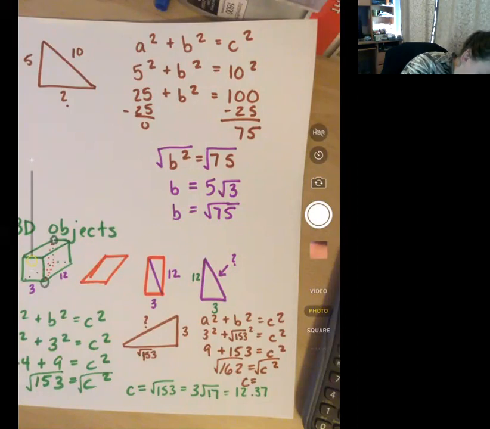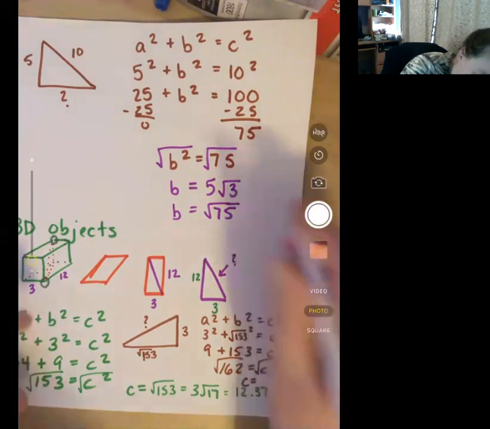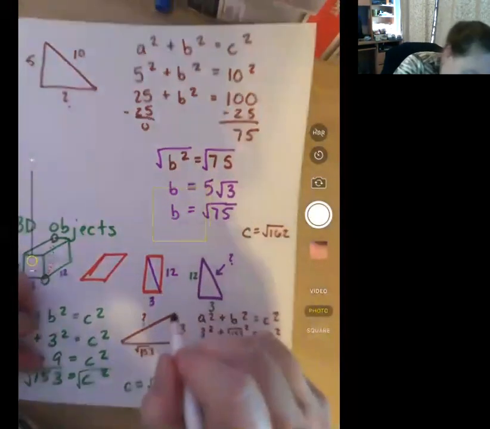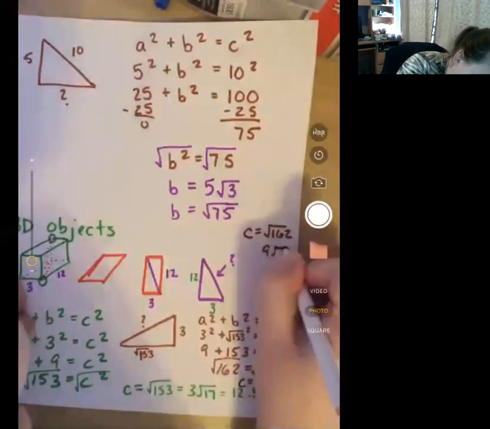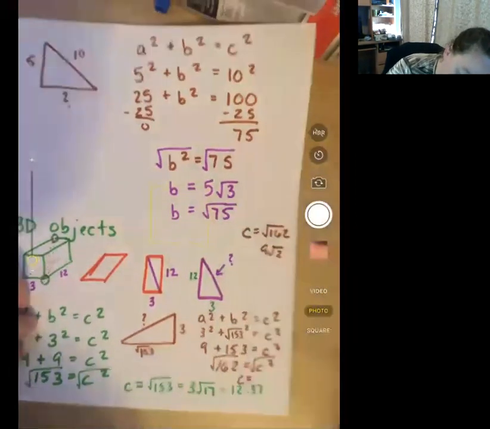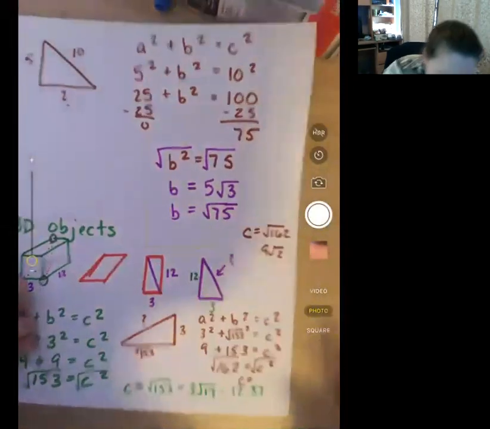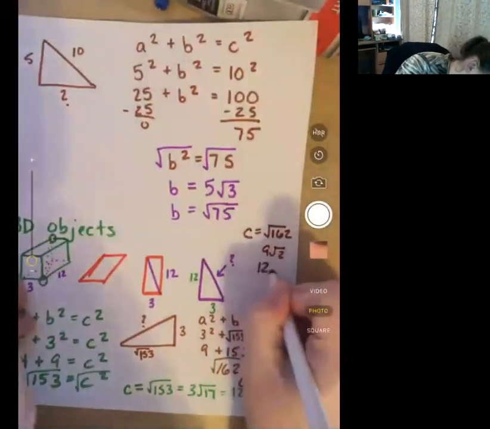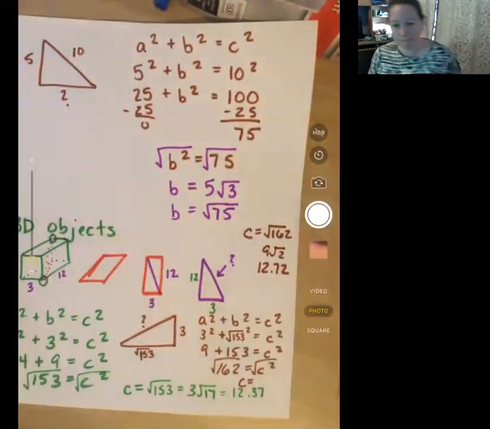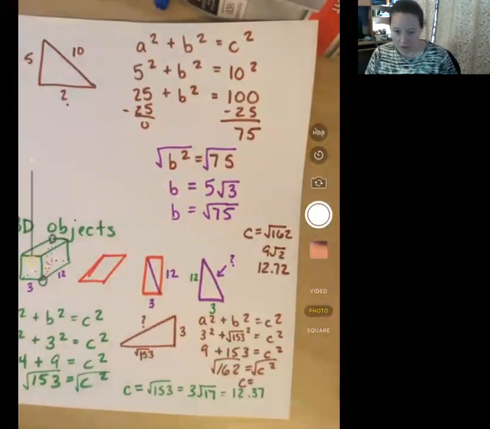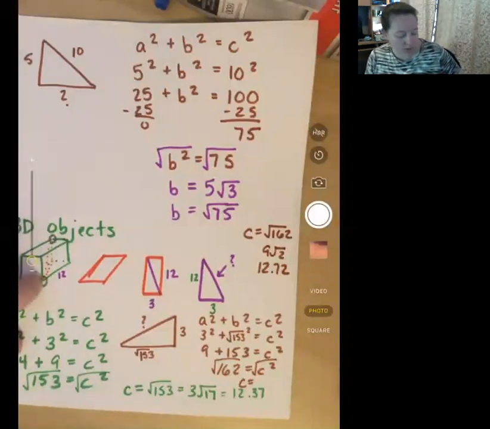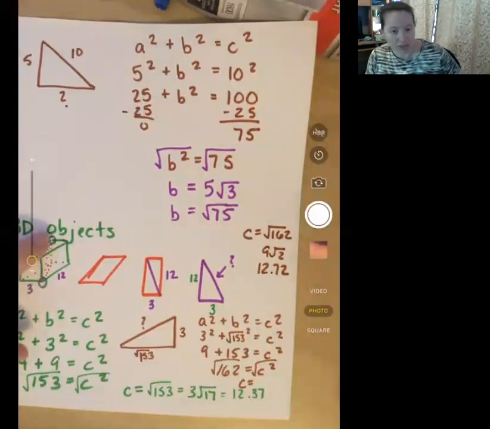C is equal to either the square root of 162, your calculator will give you 9 square root of 2, or 12.72. All of those are correct answers for C, for this line right here, going from this corner up to this corner.